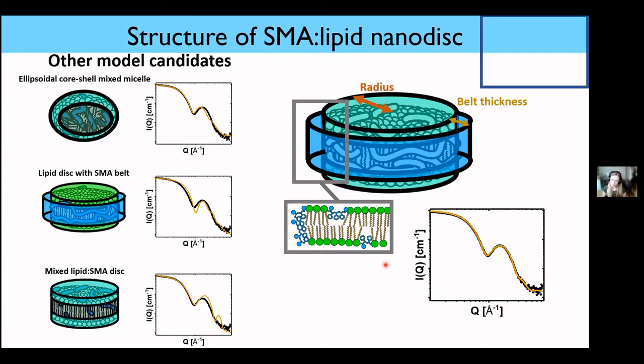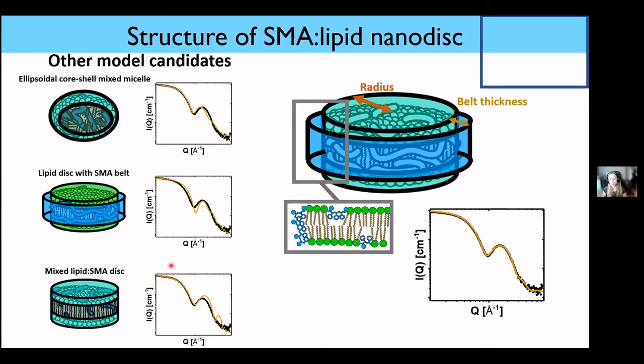Importantly, I want to mention that we did try different models, just to check that there were no other models that actually fitted the data. So, for example, ellipsoidal core-shell mixed micelles, which I guess no one was expecting it to be, hopefully at least.